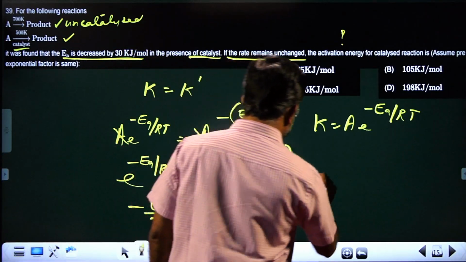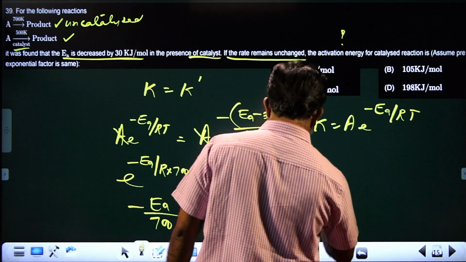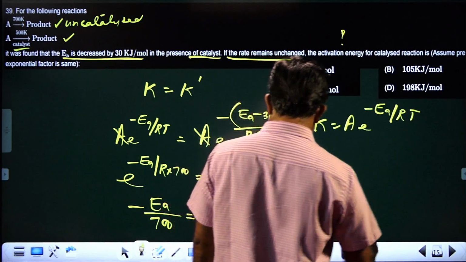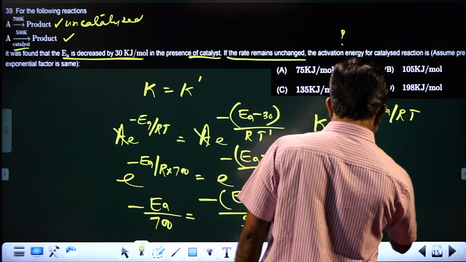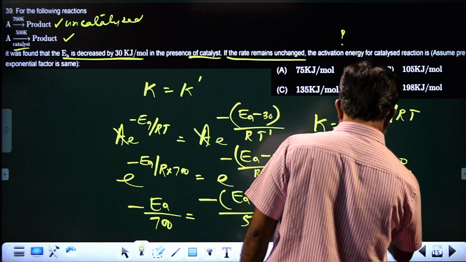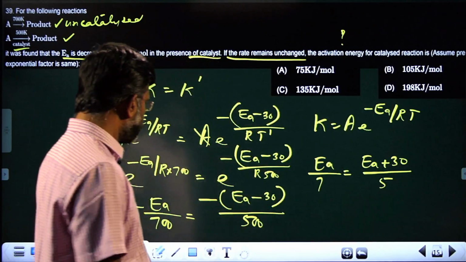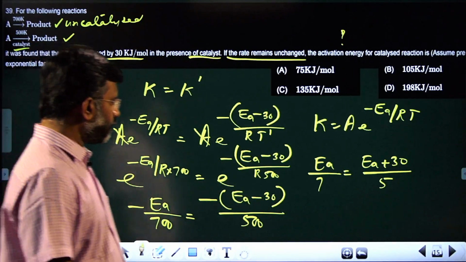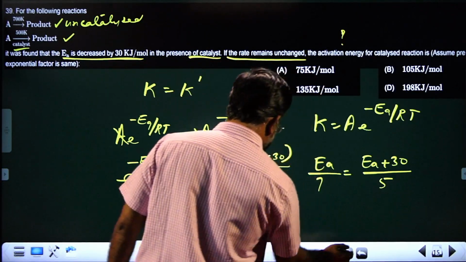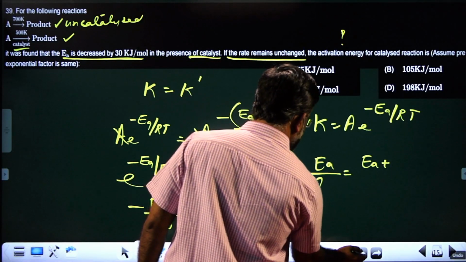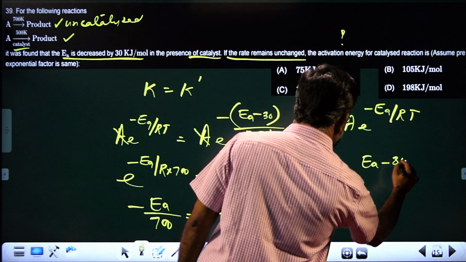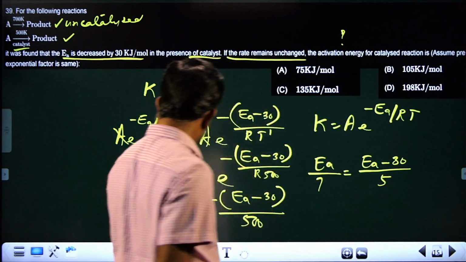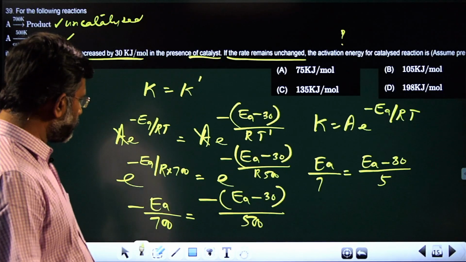Now you get EA by 7 is equal to EA minus 30 by 5, because the negative sign cancelled.